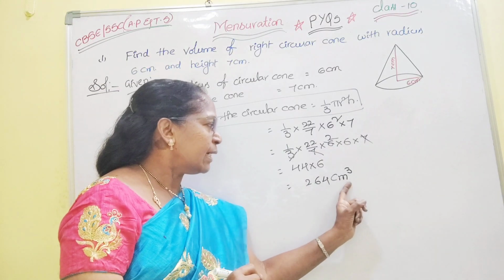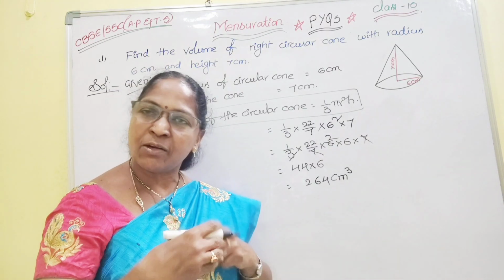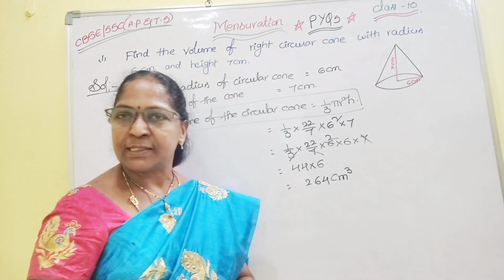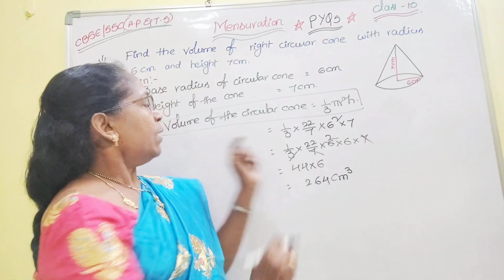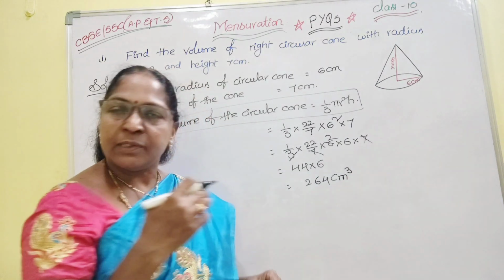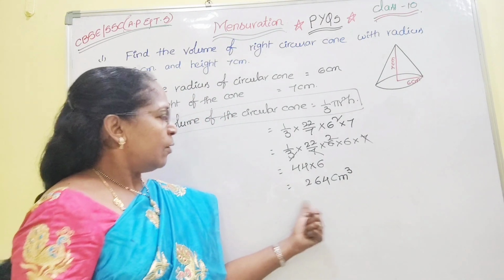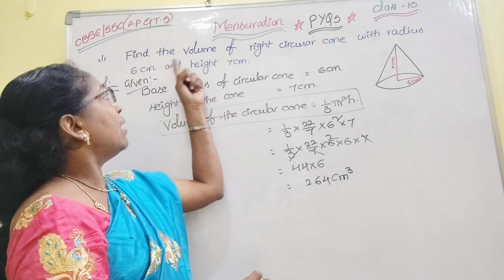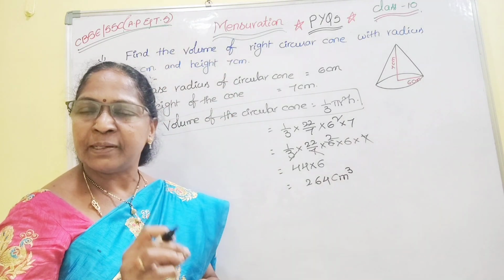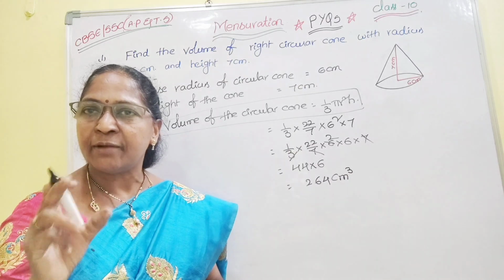Here, if you write like this and leave it, then also you will lose some marks. Why? Because this is not completed. We have written 264 centimeter cube here, but you have to conclude whatever they asked in the question, using the symbol therefore.